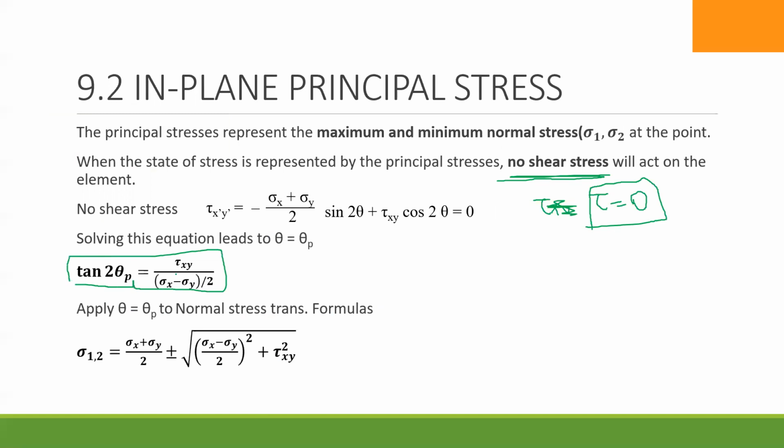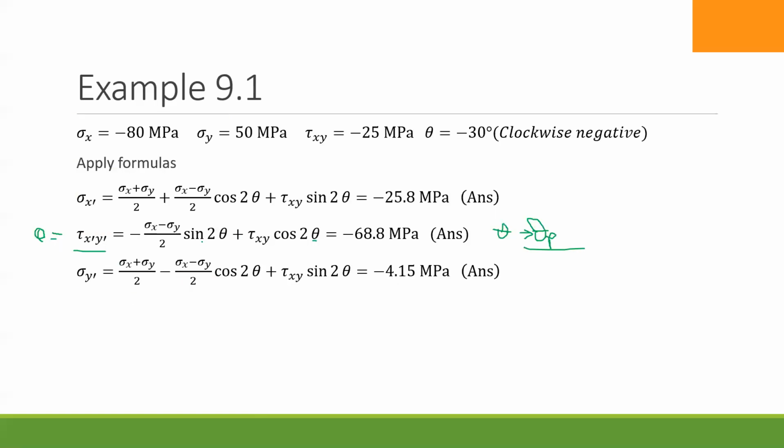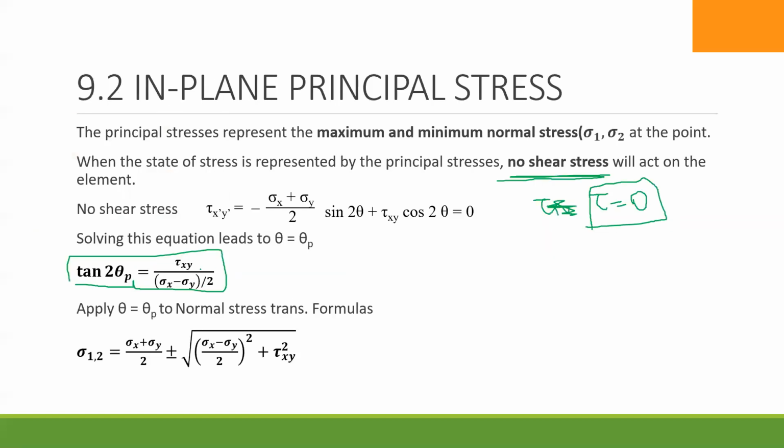By using this relationship, if I move these values from left to right, move cosine here and this one cosine here, I get tau xy divided by sigma x minus sigma y divided by 2, which gives tangent of 2 theta p.